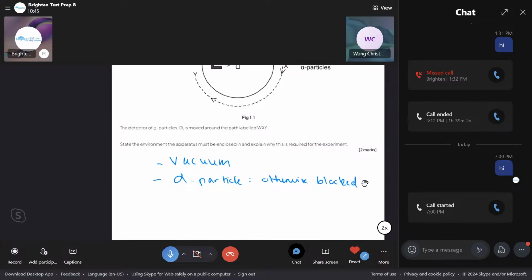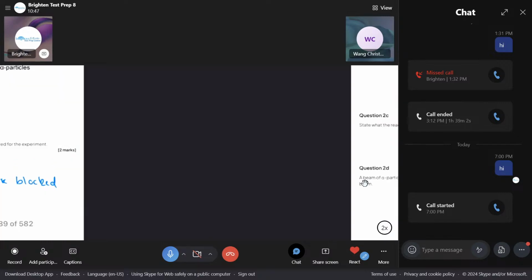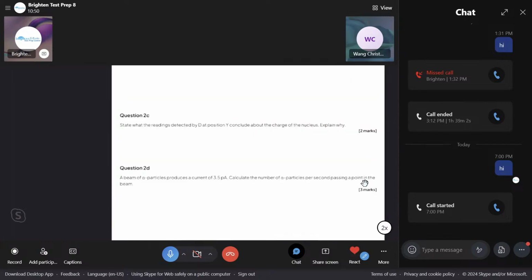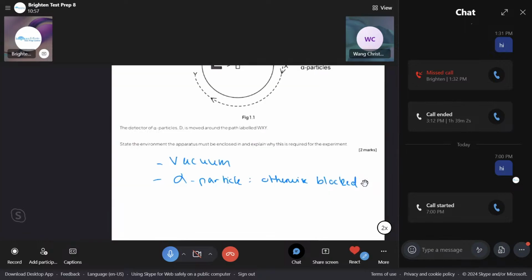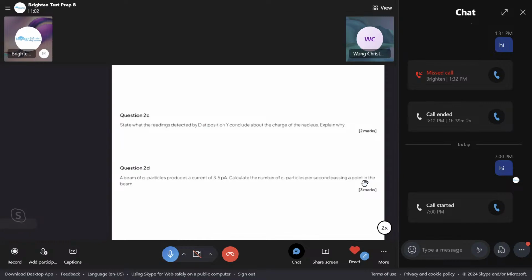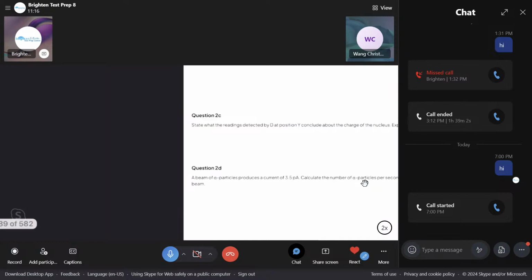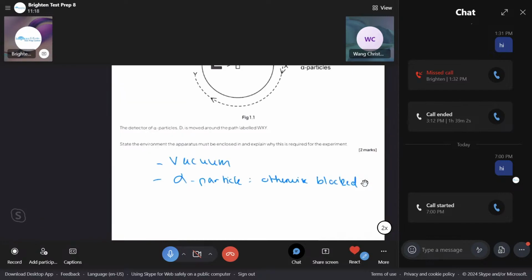Okay, we probably have to go back to this one now. Question 2b. Why the readings detected by D? So we have the detector D, and the conclusions that were made about the nature of the atom. We have to explain the readings and the conclusions that were made. Just go back and write it down.